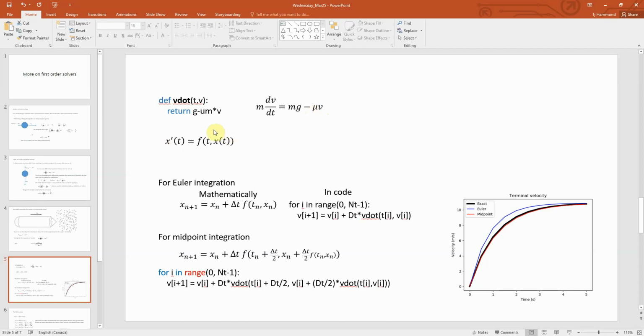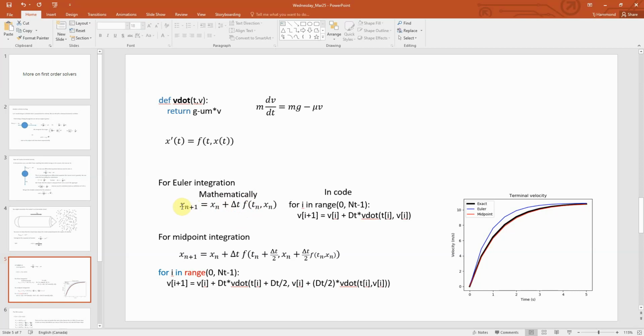Basically what we're saying is x prime or x dot is equal to this function of t and x of t, or more specifically in this case, v dot is equal to f of t and v of t. As we discussed in the previous lecture, we have Euler integration. We can literally take what that derivative is and find the next step.